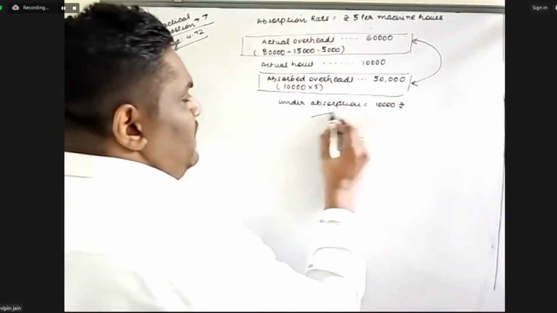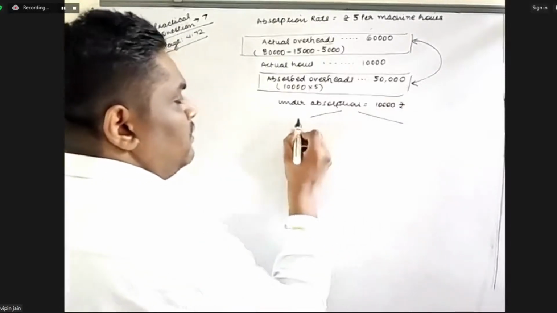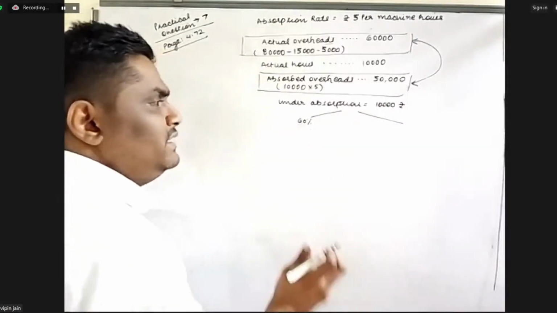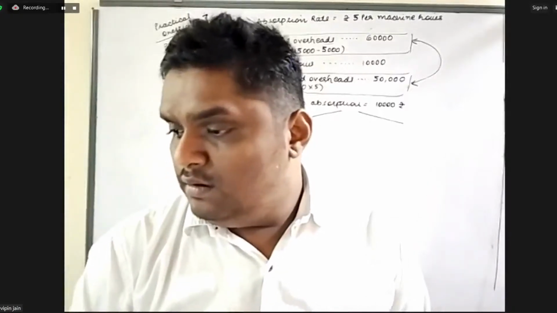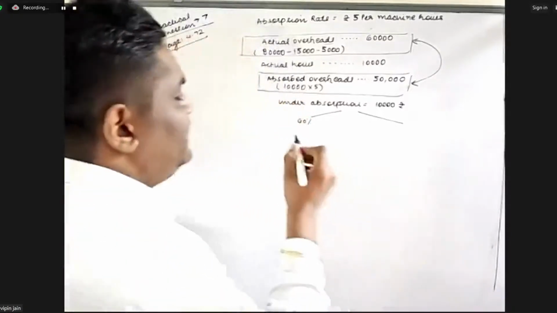Now further, when talking about treatment, 60% is due to defective planning.